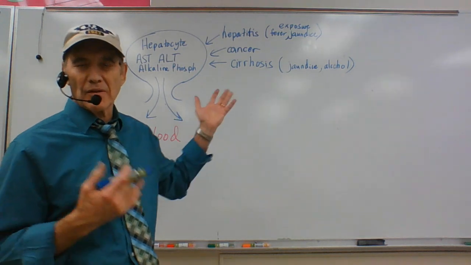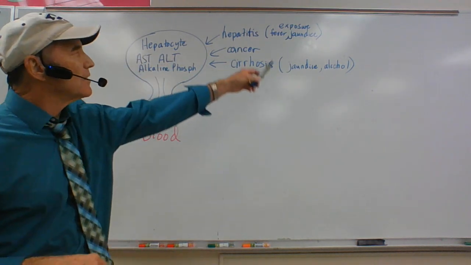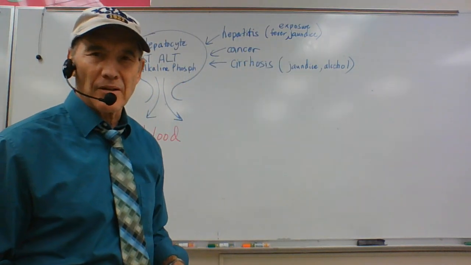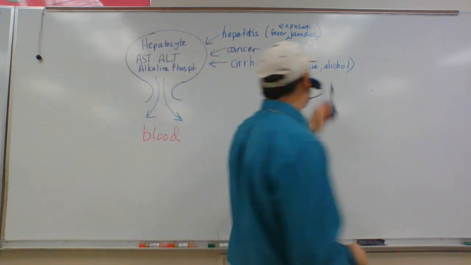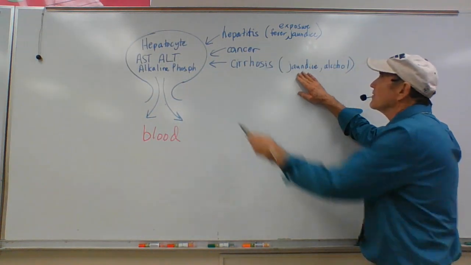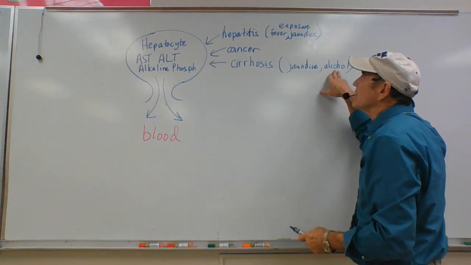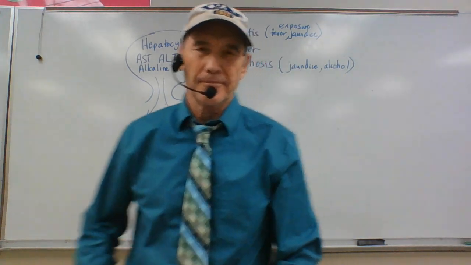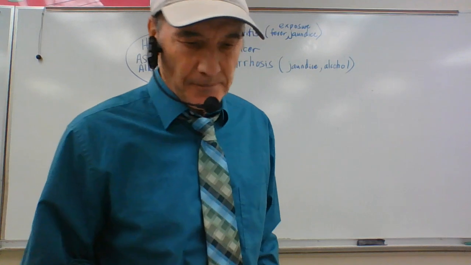Now, of course, you're going to do scans and tests and so forth. But for our little doctoring extra credit questions, they're a little bit jaundiced. They've got elevated enzymes there. They have a history of drinking alcohol. How about this?